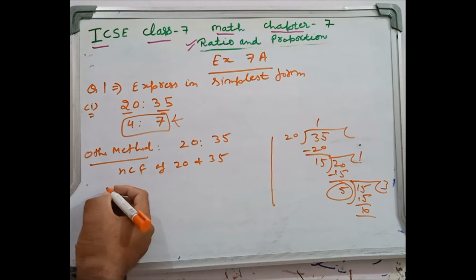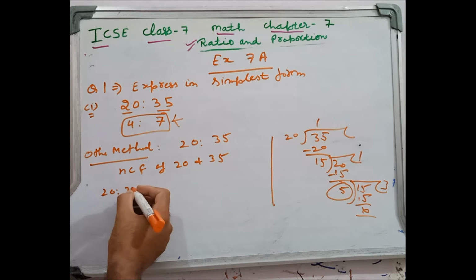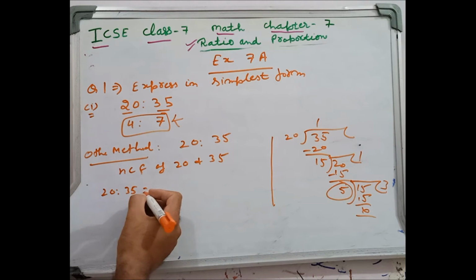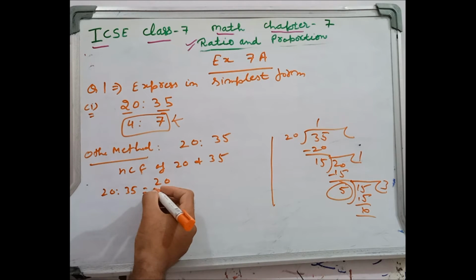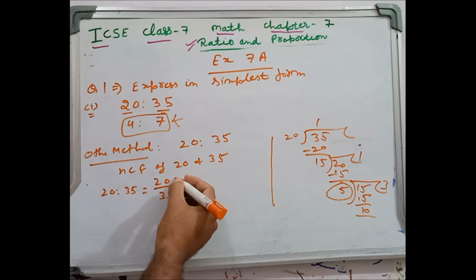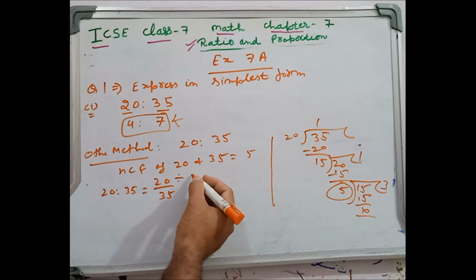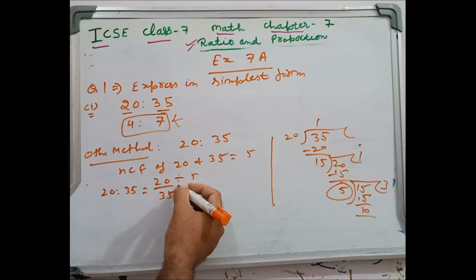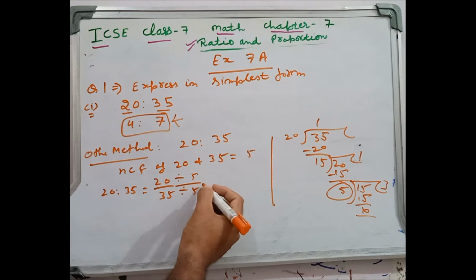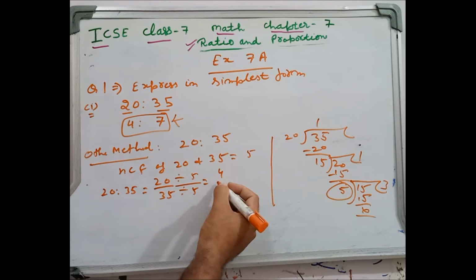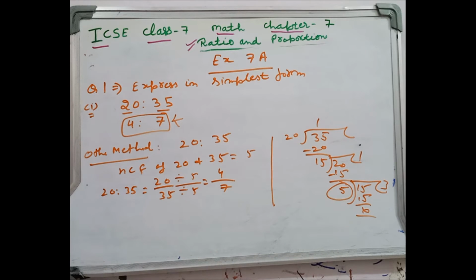Now 20:35, we will write it and divide this HCF into both the terms. We will get 5 4s are 20, 5 7s are 35.